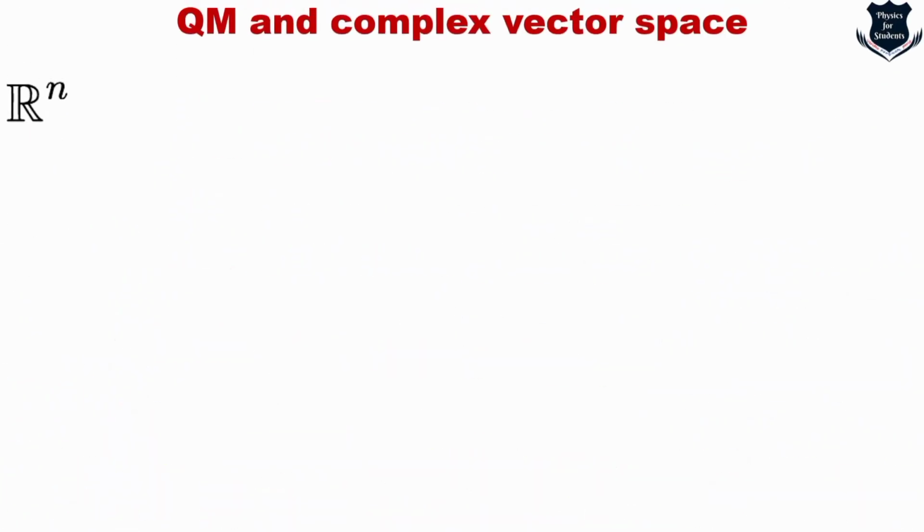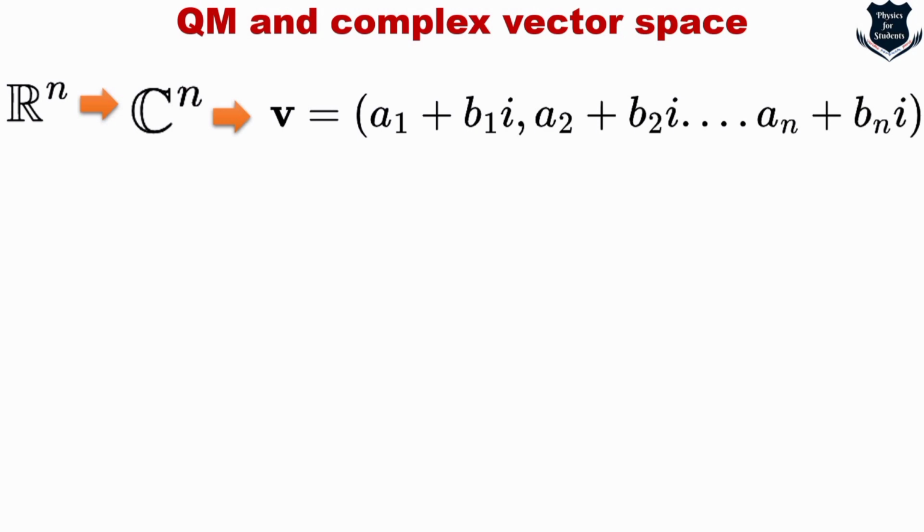So the complex version of Rn, that is real numbers up to n dimensions, is the complex vector space Cn. A vector in this Cn has this form: a1 plus b1 i, a2 plus b2 i, and so on up to n.